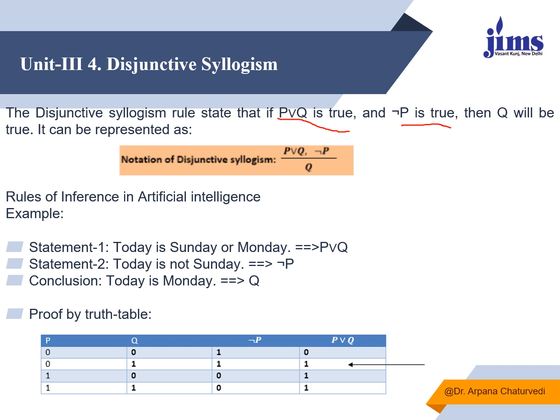See with the help of an example: today is Sunday or Monday. True, either it is Sunday or Monday. But I am saying today is not Sunday. Then definitely what is left is that today is Monday. So this is disjunctive syllogism.